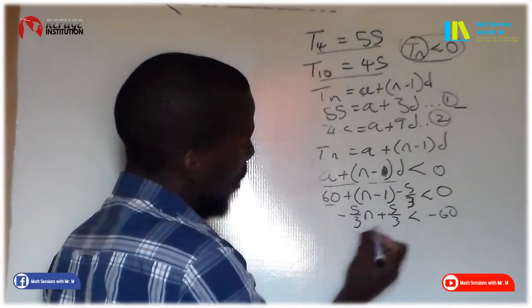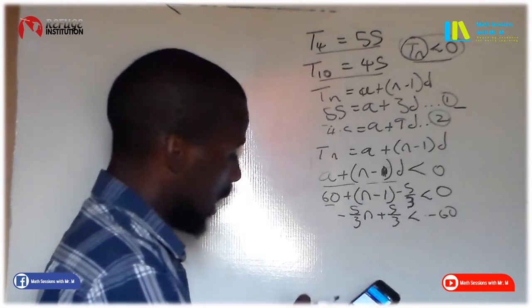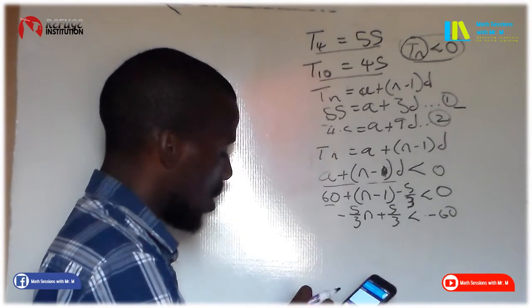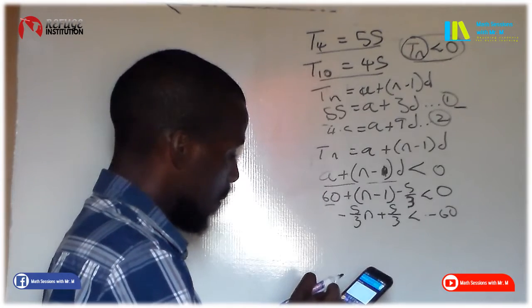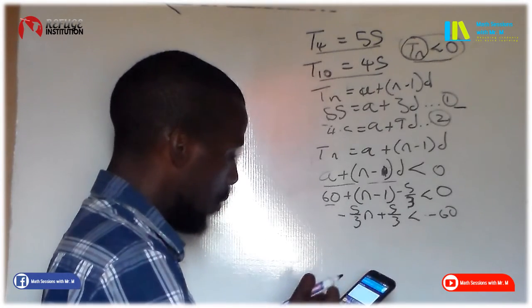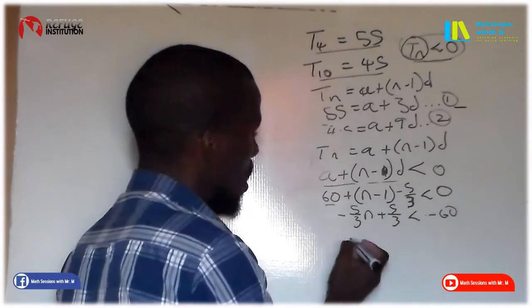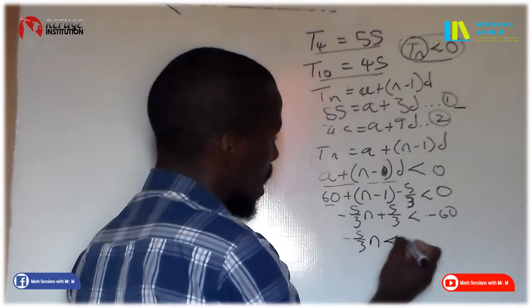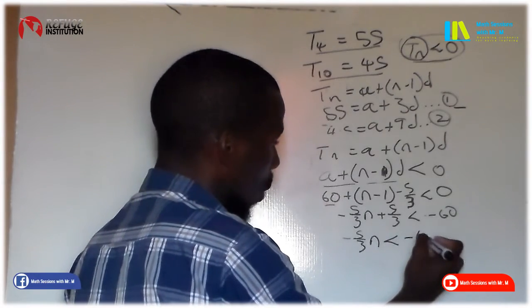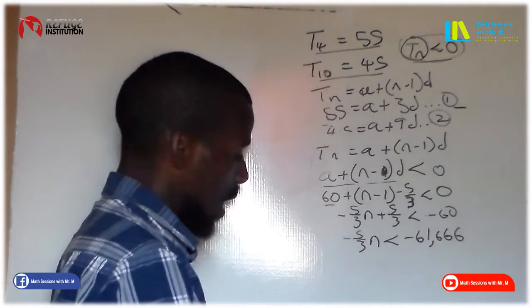We subtract the 5 over 3 from the negative 60. Negative 60 subtracted by 5 over 3 gives us negative 5 over 3 n less than negative 61.66666 up to 67.